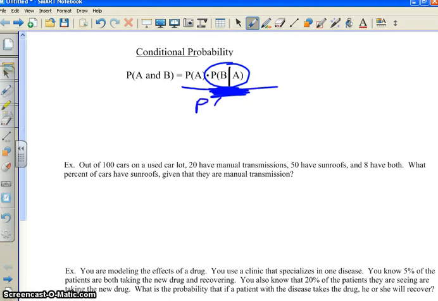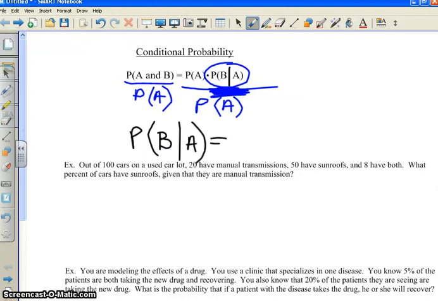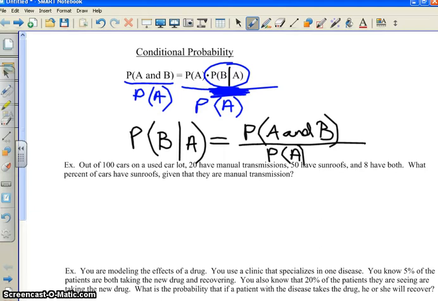So if we divide by the probability of A on both sides, that's going to give us our formula to use. The probability of B given A happened is the same as the probability of them both occurring, probability of A and B, divided by the probability of A.